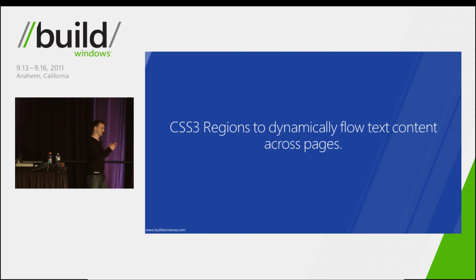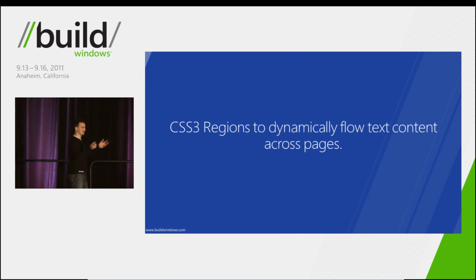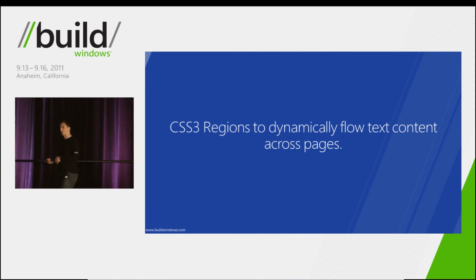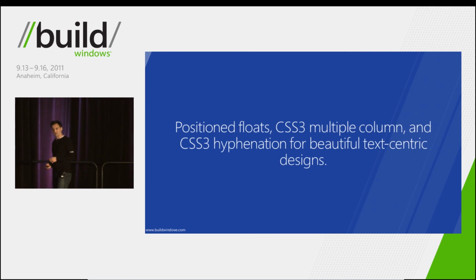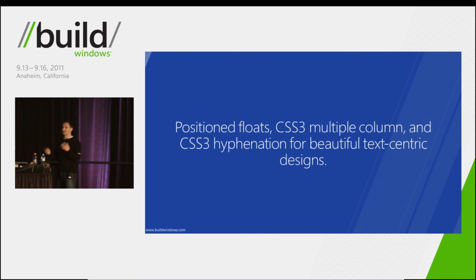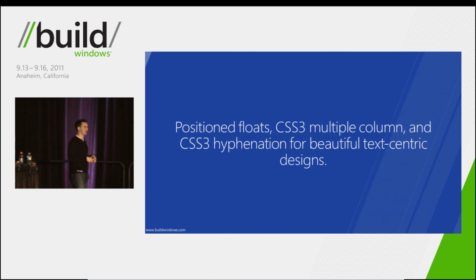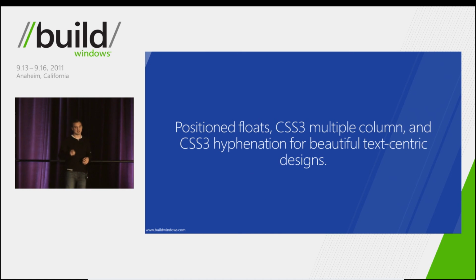You'll be using CSS3 regions to flow content in many cases through that structure that you've just defined with either CSS3 Grid or CSS3 Flexbox. And lastly, you'll use a combination of position floats, CSS3 multi-column, and CSS3 hyphenation to make that structured and flowed content look beautiful and make a great Metro-style app.